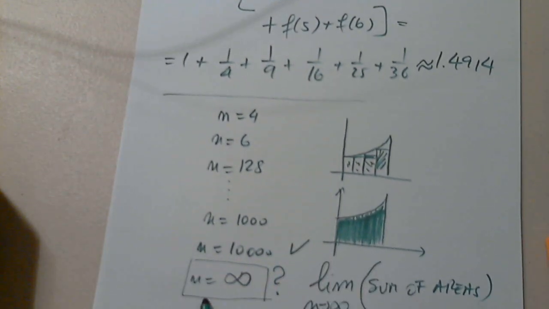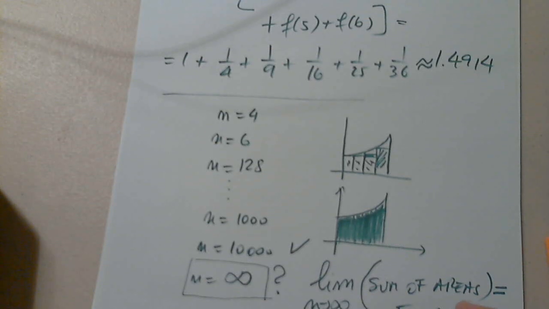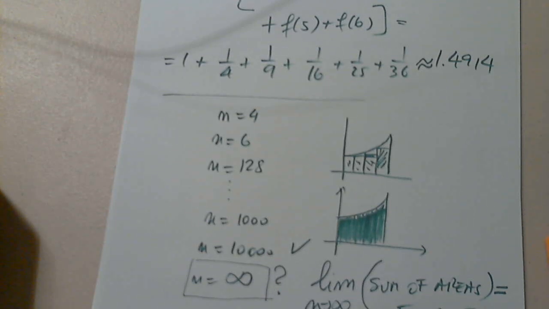So if the number of subintervals increases without bound, and we add the areas, this is guaranteed to be exact. Because there is no leftover and no overestimation. We make the number of subintervals increase so much that there is not going to be an overestimation or an underestimation. This will be exact.